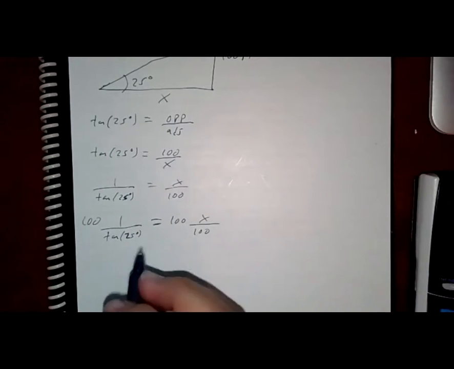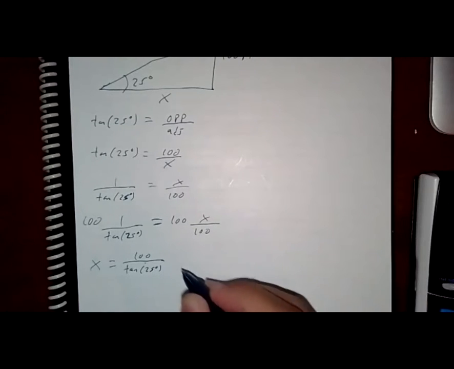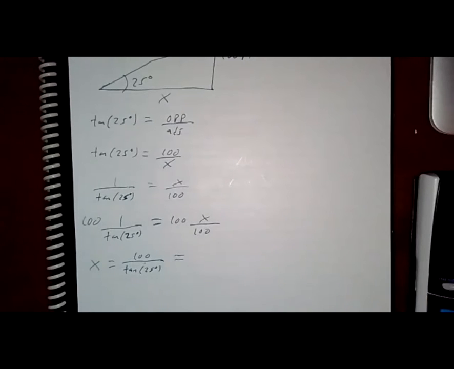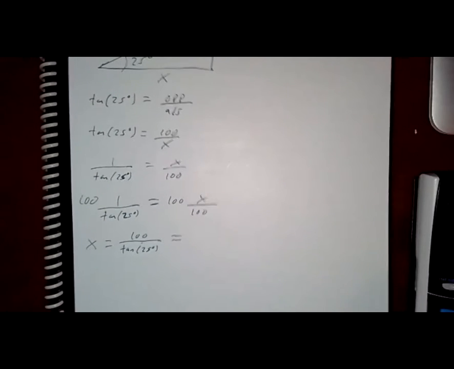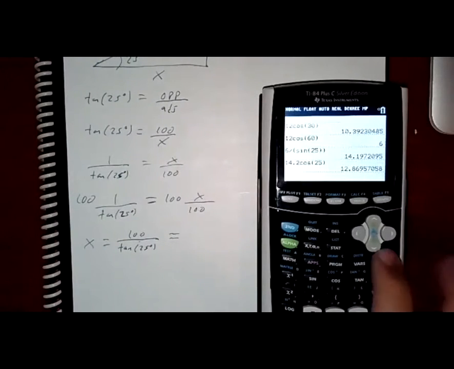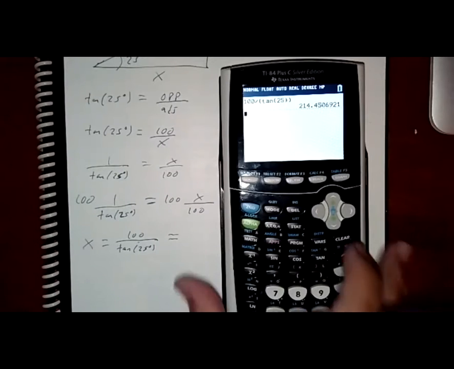So these cancel. So x will equal 100 over tan 25. So I'm hoping that is 214 feet or so. Any questions on the algebra? Okay. Yeah, there it is. Okay.